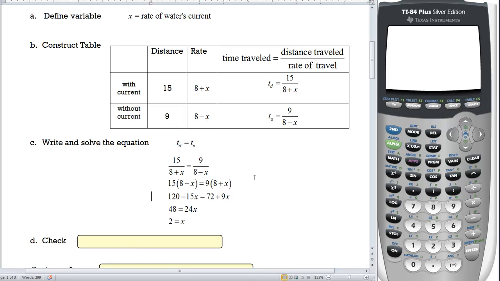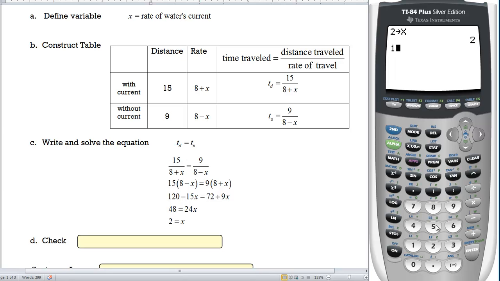So to check this, I put 2 back in. Let me store 2 in for x. I've got 15 divided by 8 plus x, and 9 divided by 8 minus x.